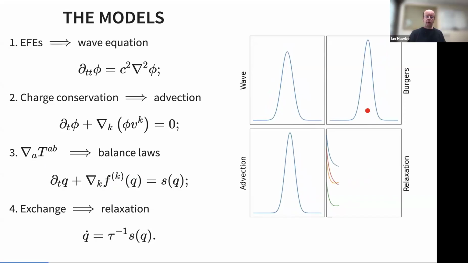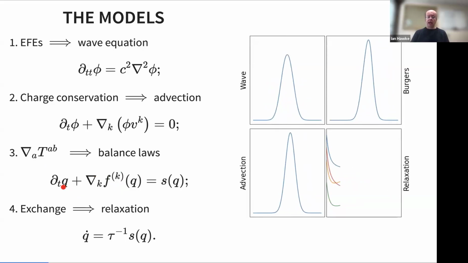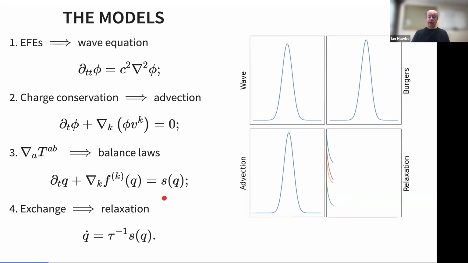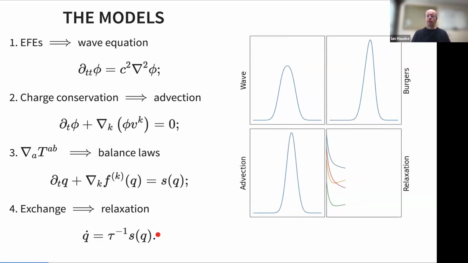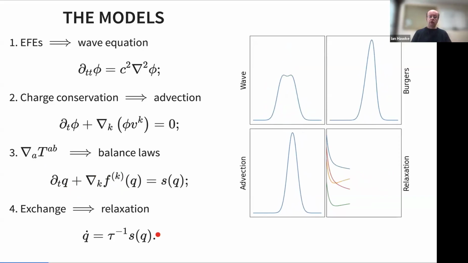And the typical toy model is Burgers' equation, where this flux function is quadratic in terms of the unknown variable. And finally, we have the exchange of information between, say, space-time and matter, or different aspects of the matter. So this could be the weak coupling through different parts of the stress-energy tensor, or it could be reaction networks or similar things. And that tends to lead to local reaction on some timescale here.